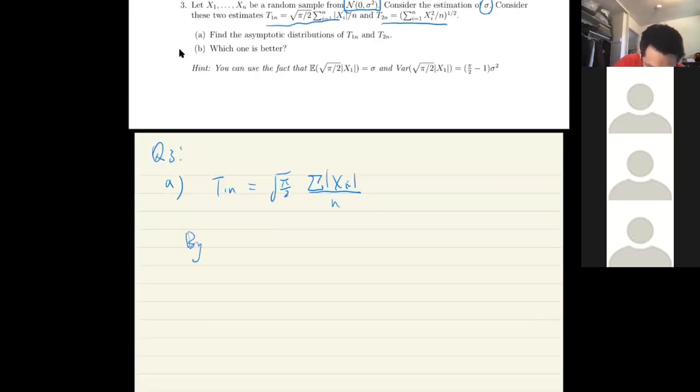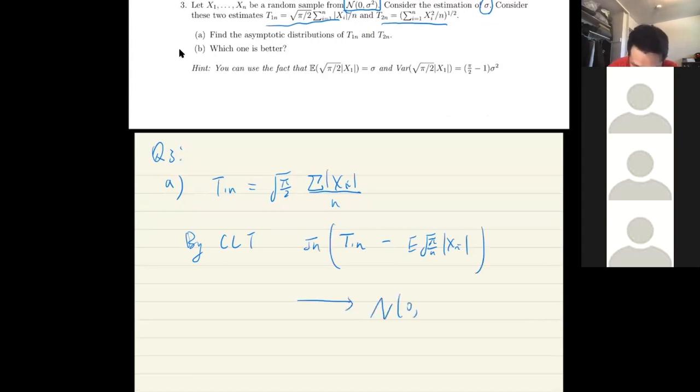So by the central limit theorem, we know the square root of n times (T1n minus the mean of T1n) will converge to a distribution with the variance of T1n.